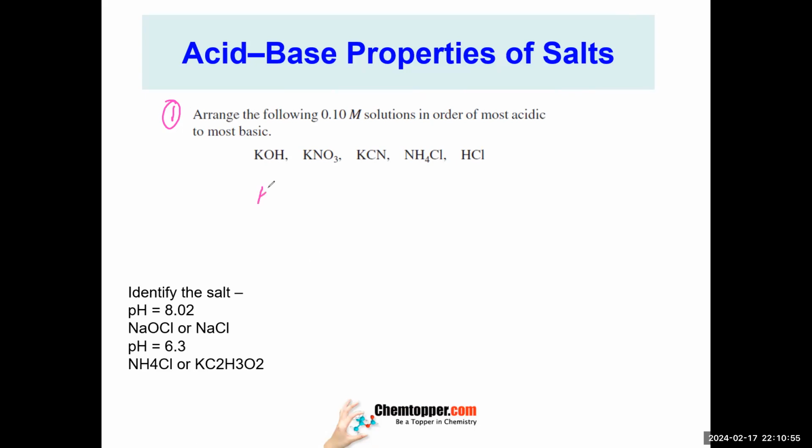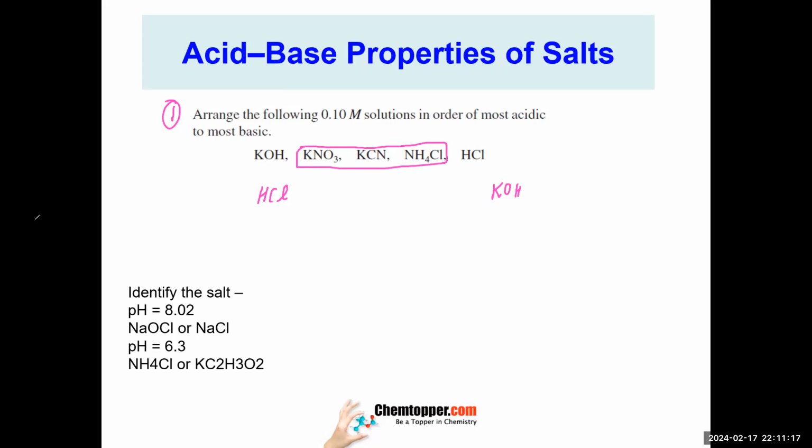Yes, HCl. And you have to go to the most basic. Who is most basic? Yes, on this end there is KOH. Now these are salts. Now you have to identify them as neutral salt, acidic salt, basic salt.